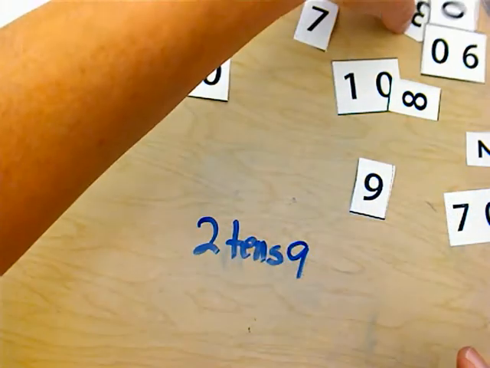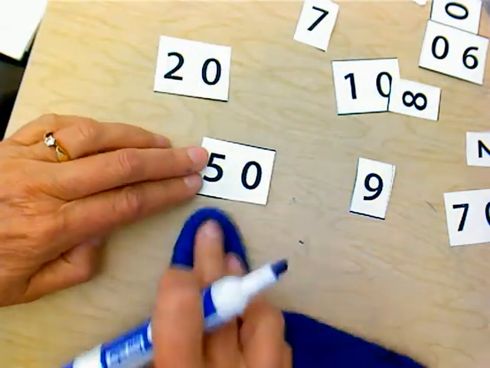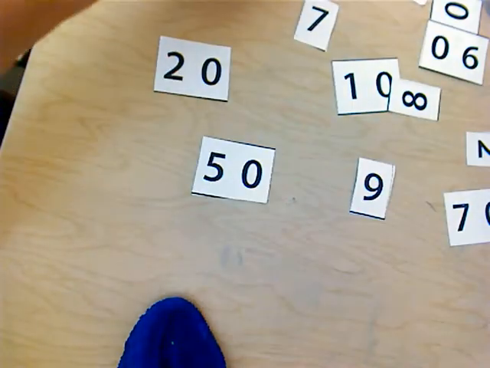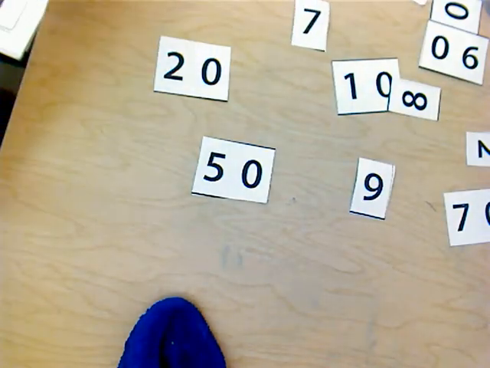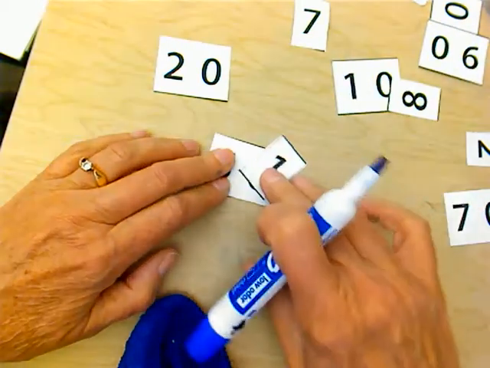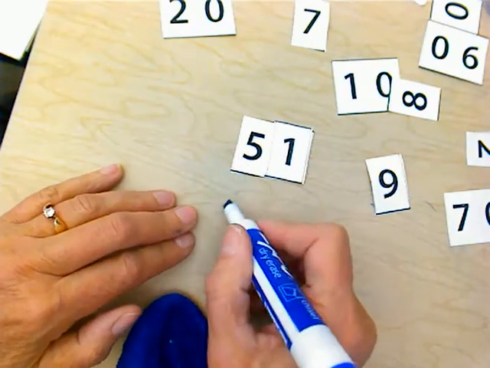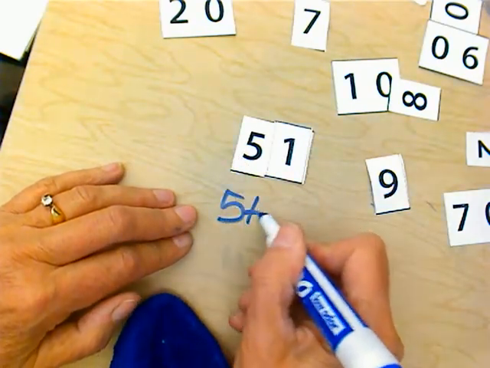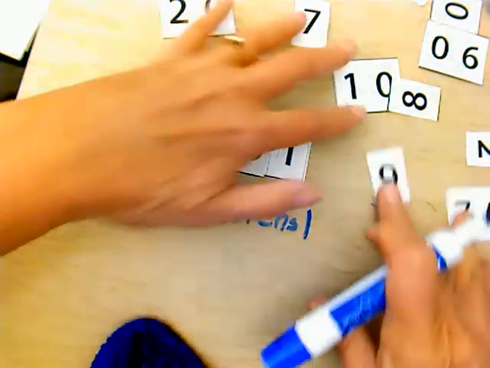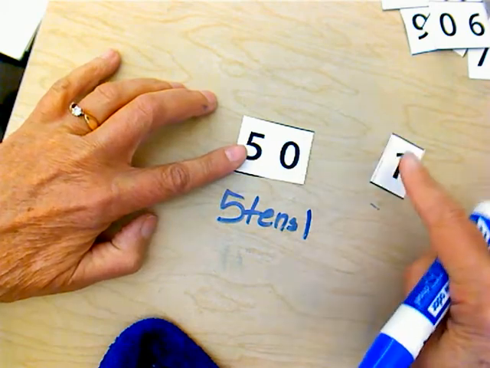29. Let's try it with 50. 50 would be 5 tens. 5 tens and 1 would be 51. 5 tens and a 1 would give me 51.